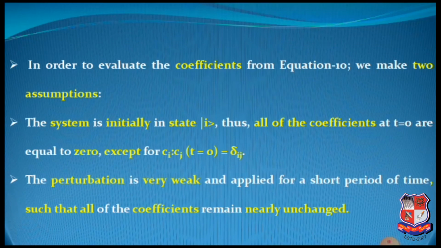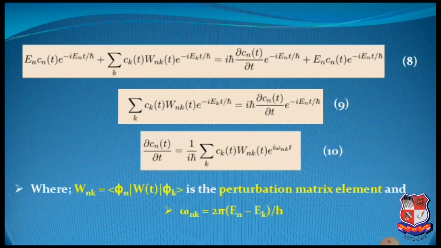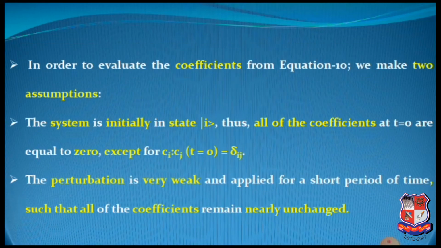In order to evaluate the coefficient from equation number 10, remember this is the simple equation we have derived, but still we have not ended up at the mathematical expression of Fermi's golden rule, which is the time dependent perturbation or possibility of transition rate. So for that we will have to solve this equation, and here in order to evaluate the coefficients we are making two assumptions.